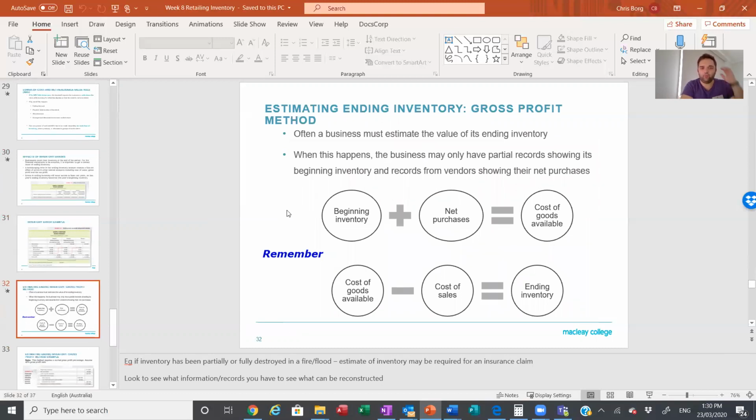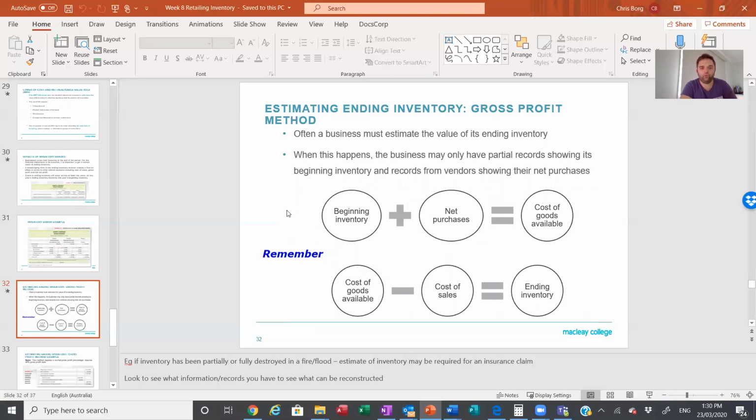Another way of doing ending inventory is estimating our ending inventory. Often a business must estimate the value of its ending inventory. When this happens, the business may only have partial records showing its beginning inventory and records showing their net purchases.